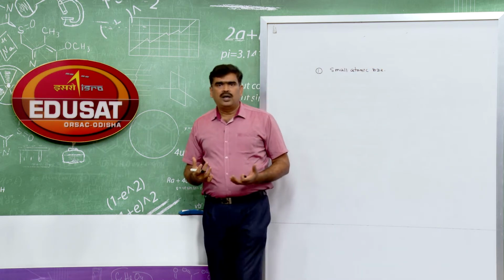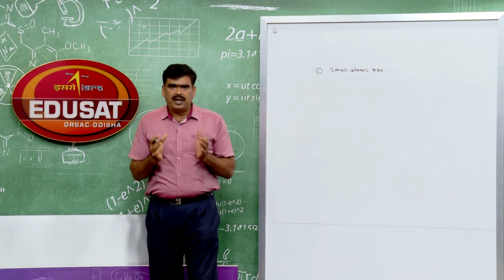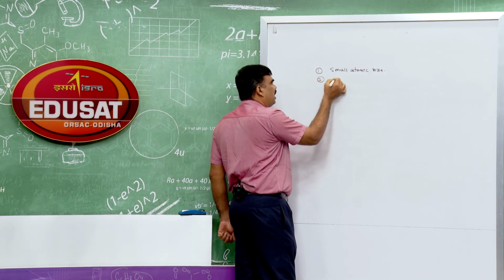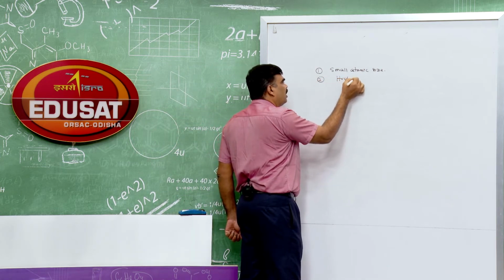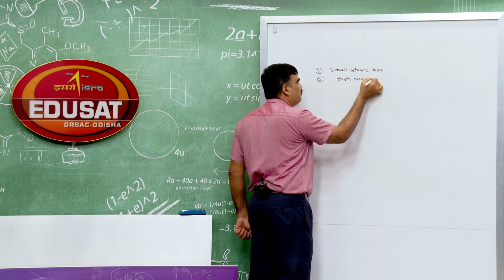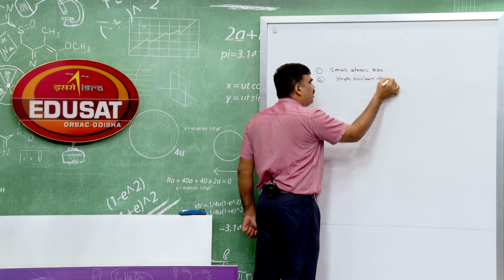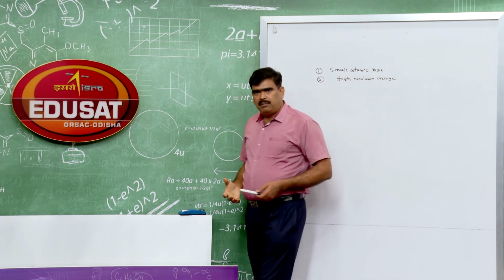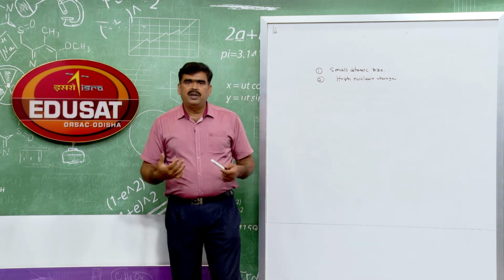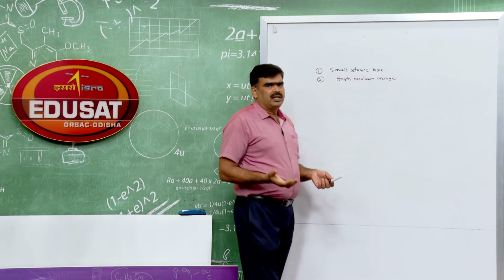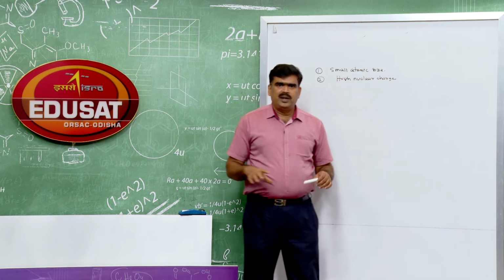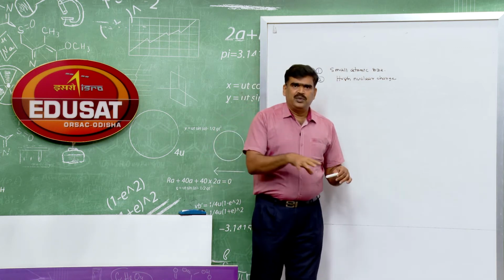The head of the family has his own family, so he should be small. Number 2, it must have a high nuclear charge. The head of the family's earnings should also be high. If the elder brother earns 4 or 5 lakh rupees a month, then obviously all the members of the family will definitely want to stay with him.